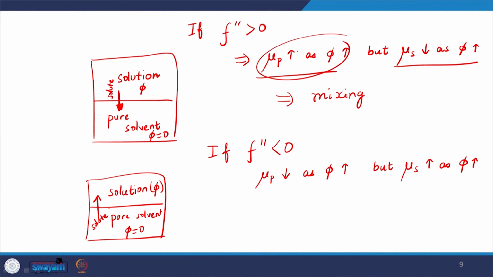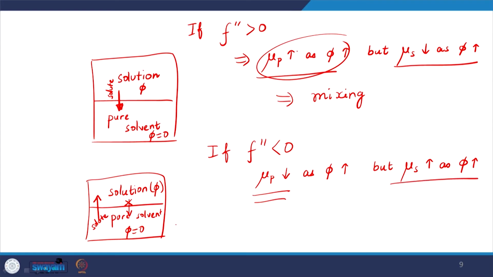Why is that? Because if I go in the opposite direction, that will result in a lowering of phi, and the lowering of phi will give me an increase in the chemical potential, because chemical potential decreases as phi increases. So if we have a decrease in phi, that will give rise to an increase in the chemical potential, and that will clearly not be favored, right.